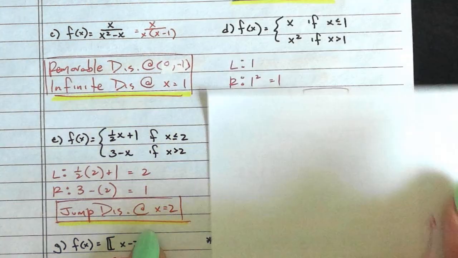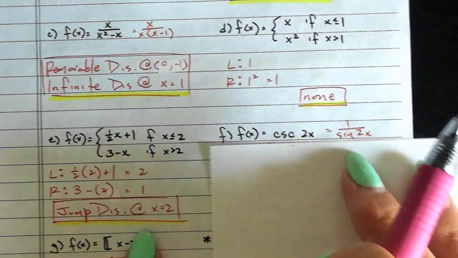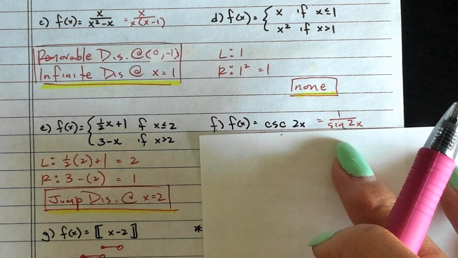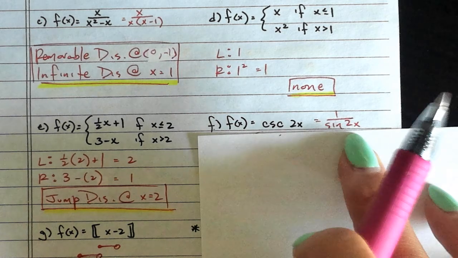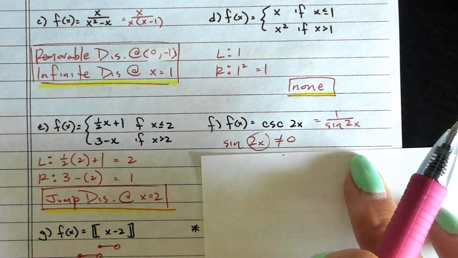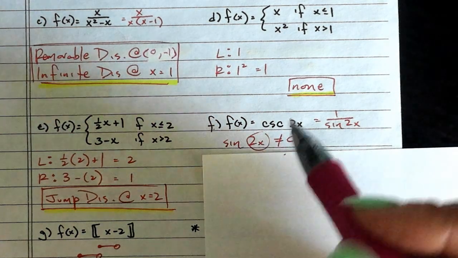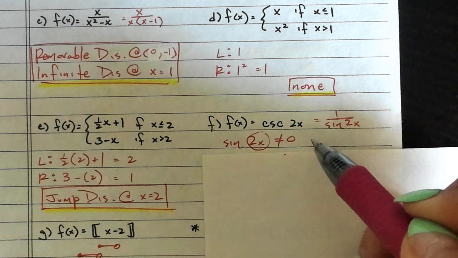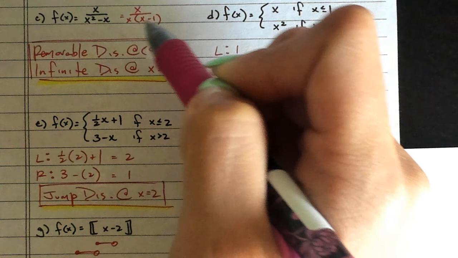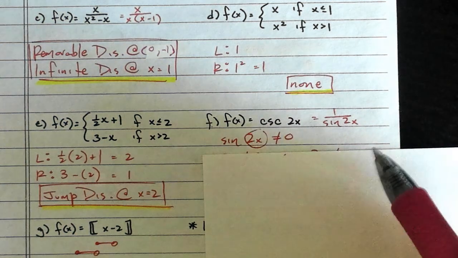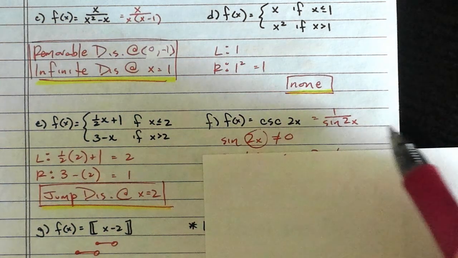Okay, so cosecant is different. Remember, cosecant is 1 over sine. So we don't want the bottom to equal 0, because that's what we care about here. We're looking at the bottom, setting it to 0, seeing if there are holes or vertical asymptotes.